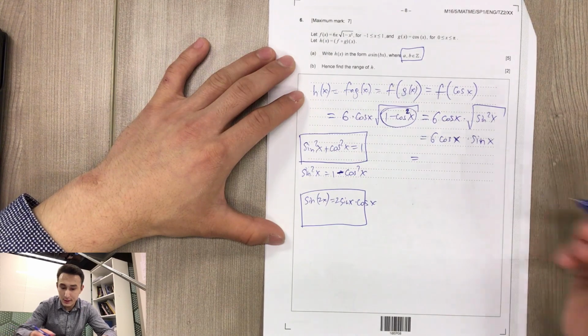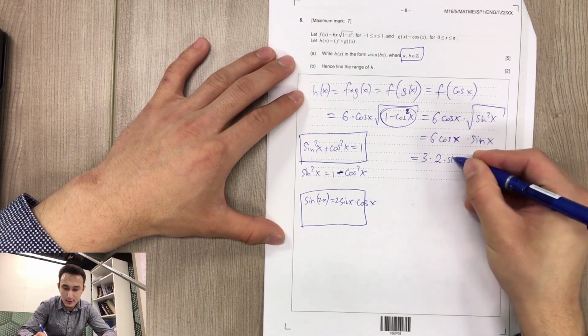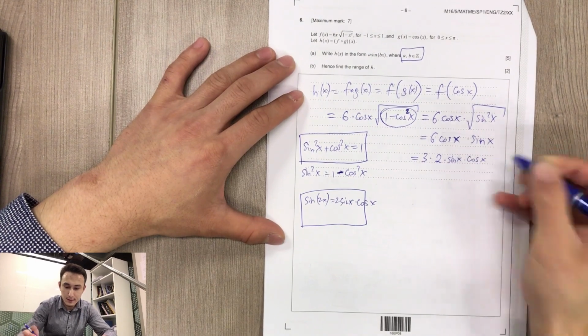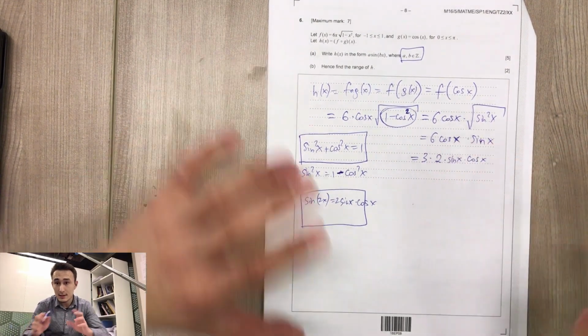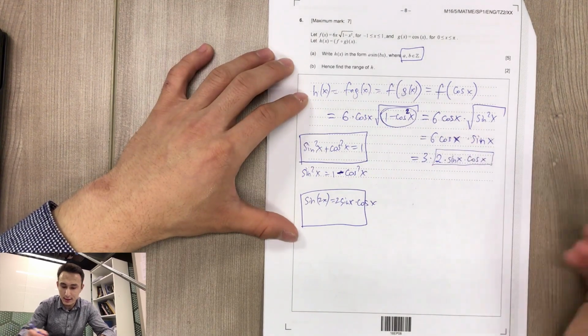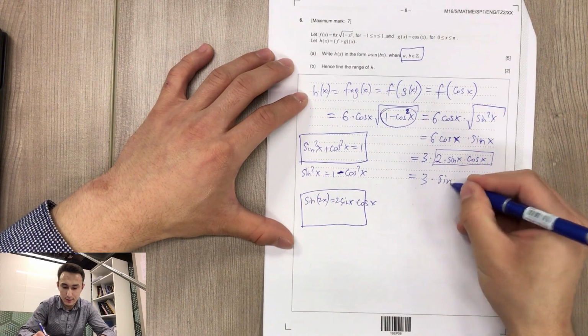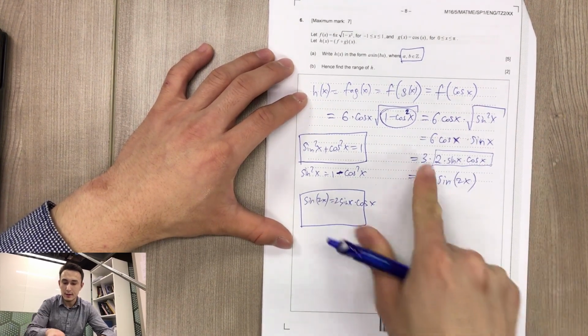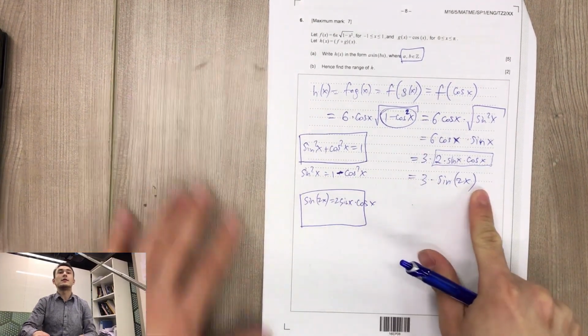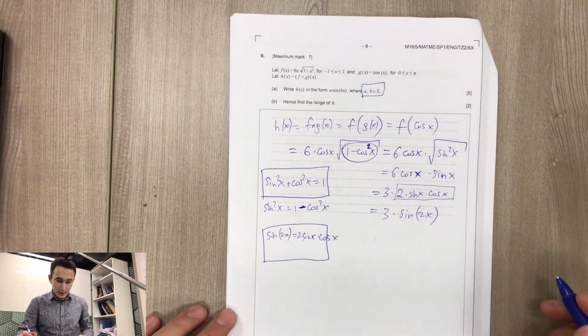We can split this up into 3 multiplied with the 2 times sine x times cosine x. The order doesn't matter. Cos x sine x, just swap them around. Doesn't matter at all. So this 2 sine x cosine x is simply going to be sine of 2x. Okay, 3, just copy down 3, and sine of 2x.